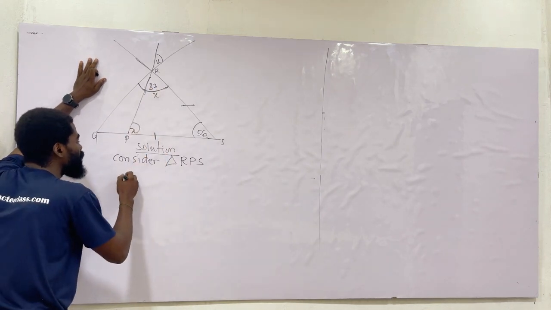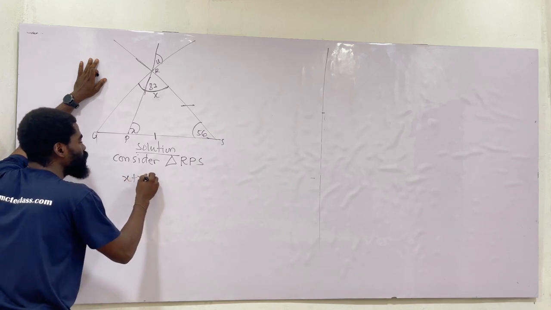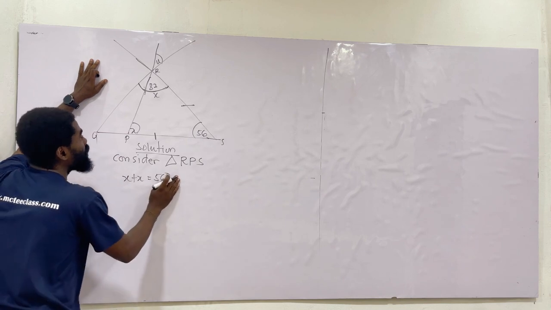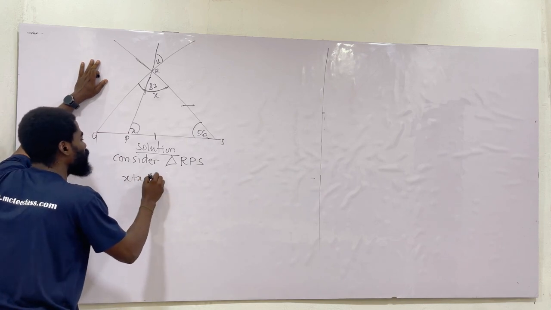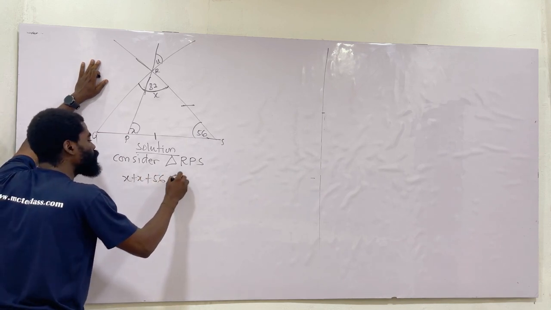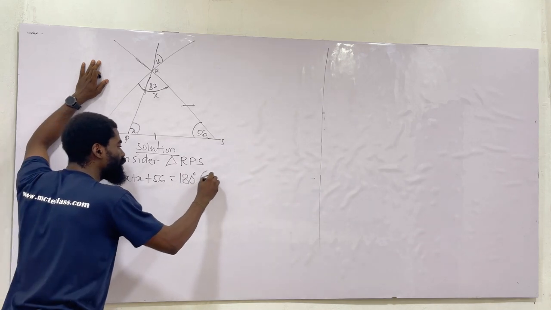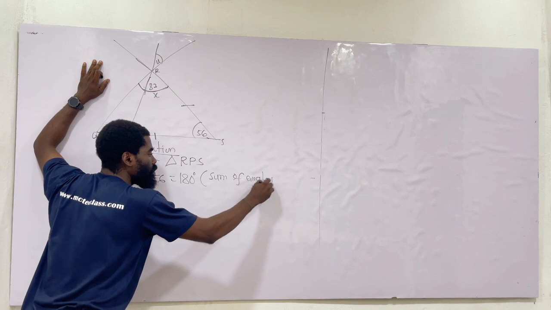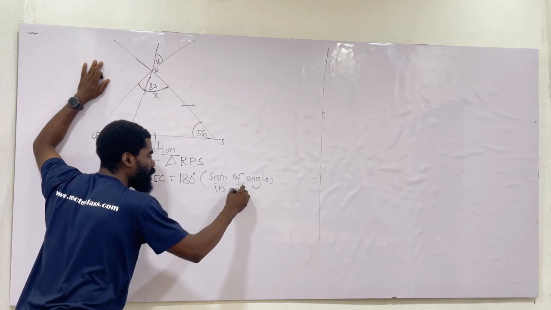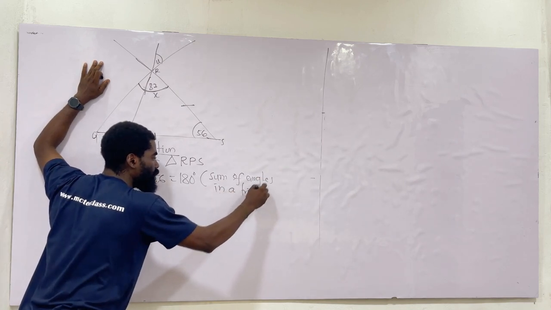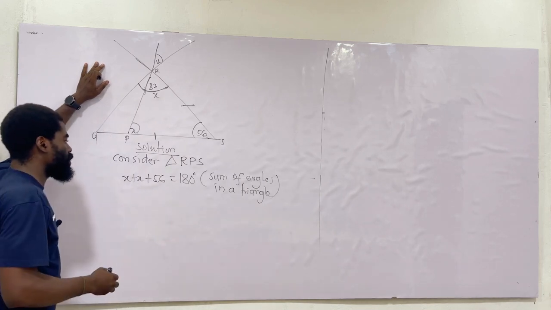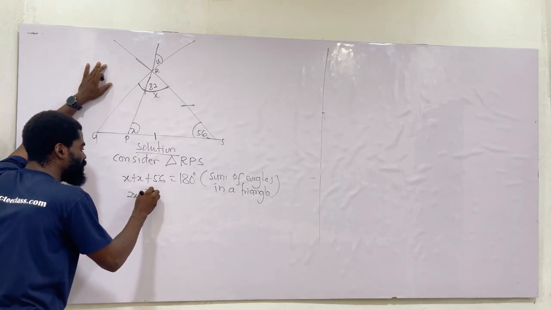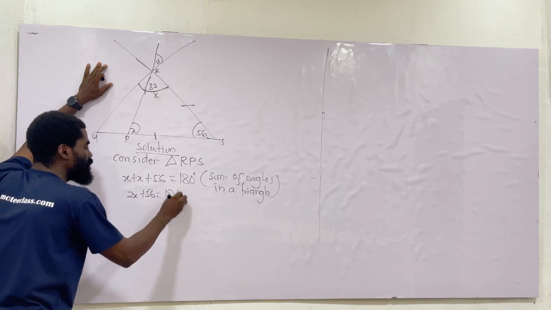Then from this triangle, x plus x plus 56 should be equal to 180. Why? These are the sum of angles in a triangle. So this gives me 2x plus 56 equals 180 degrees.